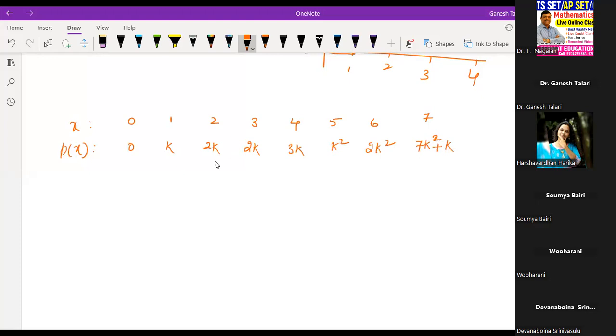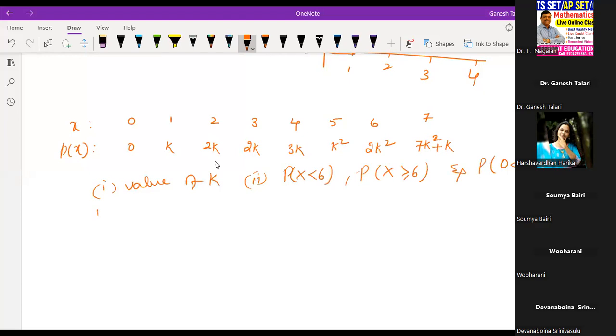So from this, first you find the value of k, and second, find the probability of x less than 6, x greater than or equal to 6, and the probability of 0 less than x less than 5.